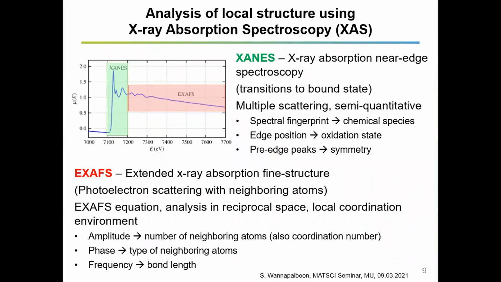Basically we have two parts of information that we can get from XAS. The first one is X-ray absorption near edge structure, which goes into more detail about the fingerprint, edge position, the oxidation state, and also the symmetries within the structures. We also use a lot of information from this region to identify how the local structure changes in symmetry within the metal node in metal organic frameworks.